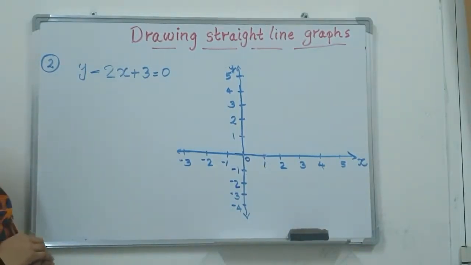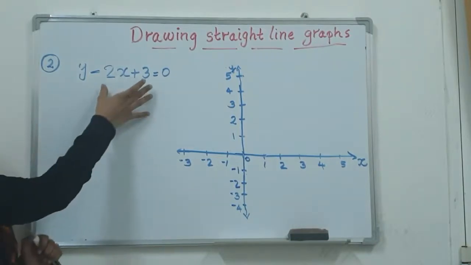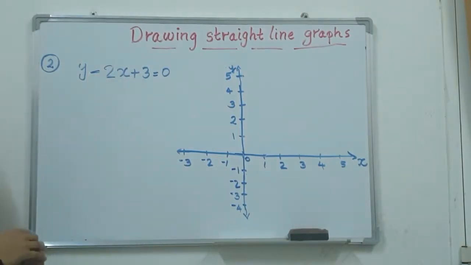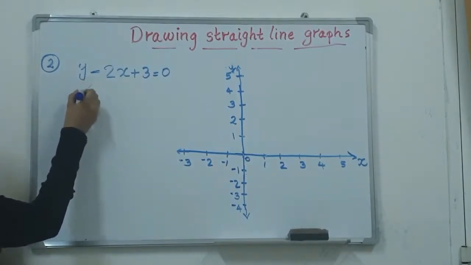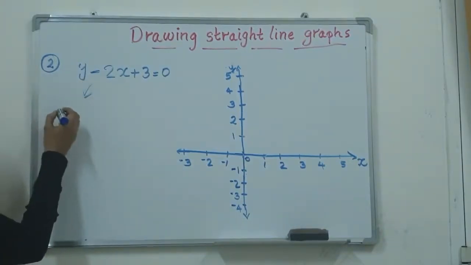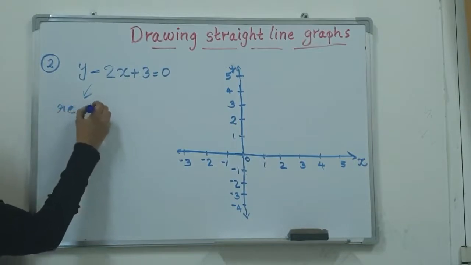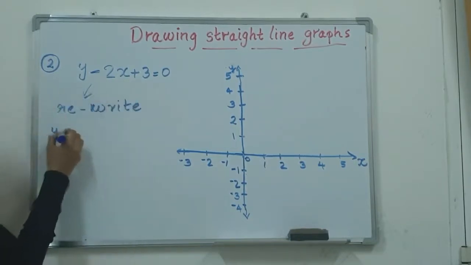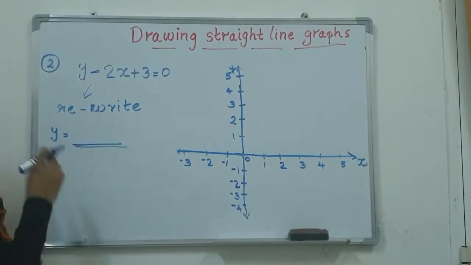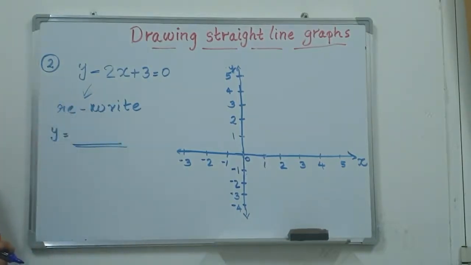Okay, so we have to rearrange the given equation of the line to get the relationship between x and y directly, which means you have to rewrite the equation as y equals something. This is the form. You have to get the relationship between x and y explicitly.